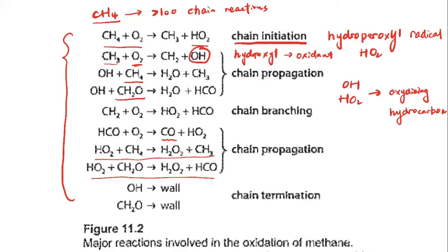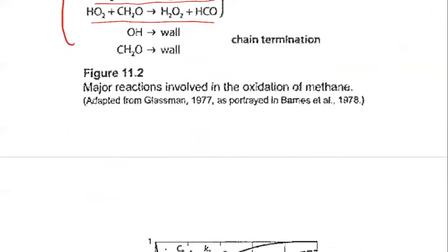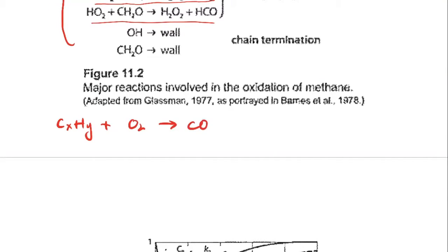You can think of it as a compromise when we're trying to understand the combustion of hydrocarbons. The way people do this is to consider a scenario where the hydrocarbons react with oxygen to first form carbon monoxide and water. And then the carbon monoxide gets oxidized further to form carbon dioxide.